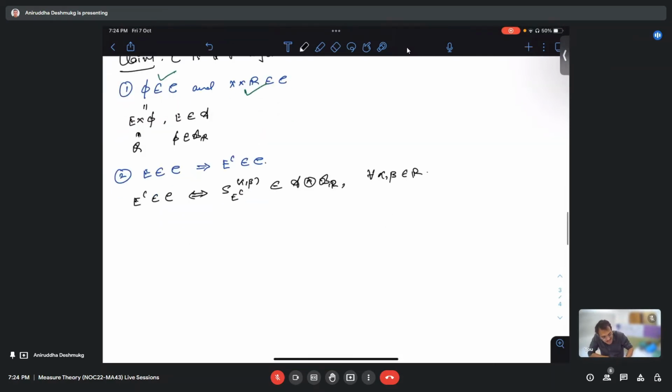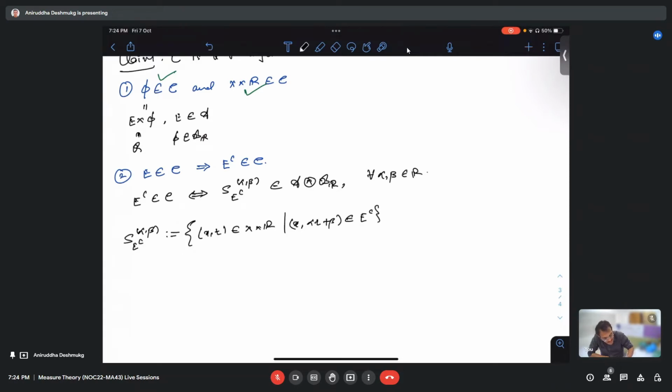Let us calculate this S of E complement alpha beta. By definition, this is the collection of all x comma t in X cross R such that x comma alpha t plus beta is inside E complement.